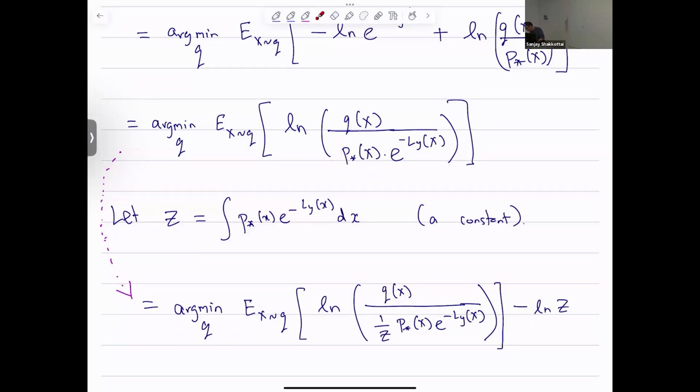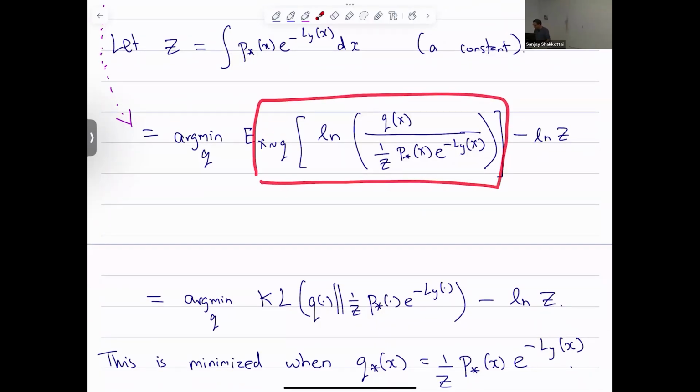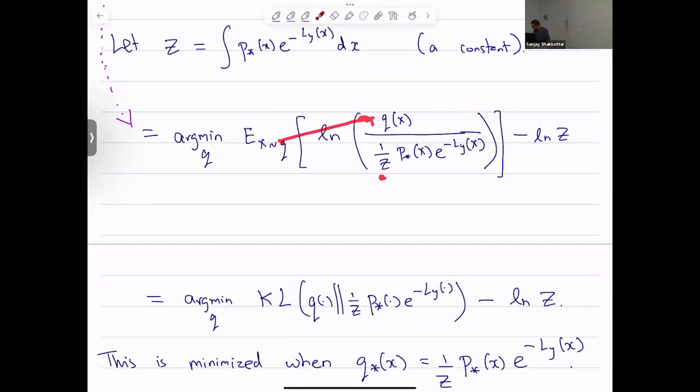Look at this. This is nothing but the KL. This is Q, Q, and something. This is a valid distribution now because we divide by Z, the normalizing constant, which means this part is just the KL divergence between Q and this whole thing. And there's a minus log Z.